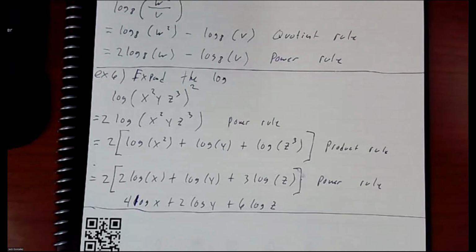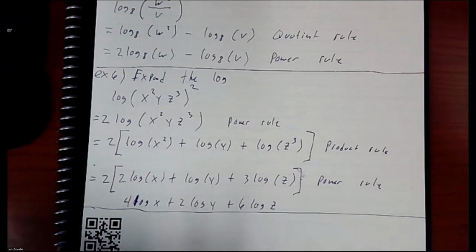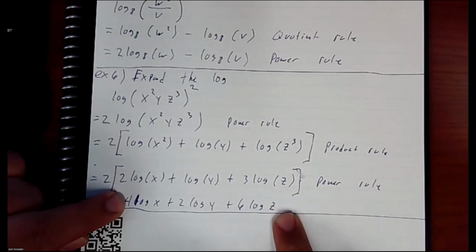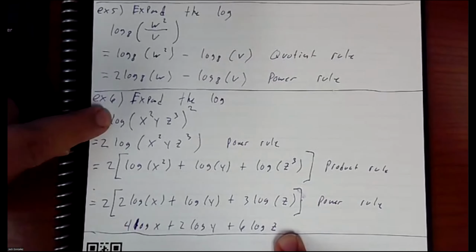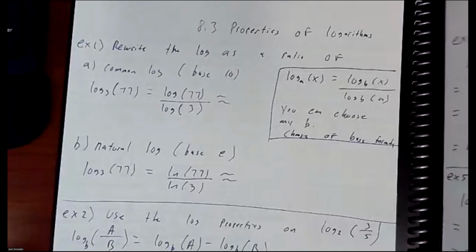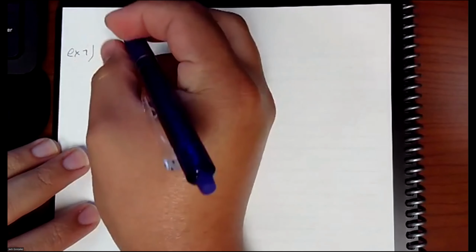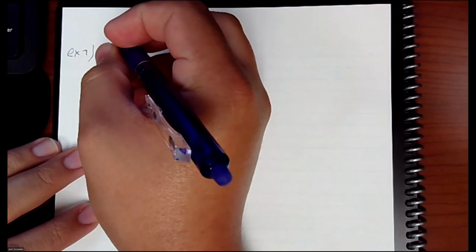So now let's move on to combining logs. So this is going one direction, breaking them apart. Now put them back together. Like, can you turn something like this into this? All right, let's see here.